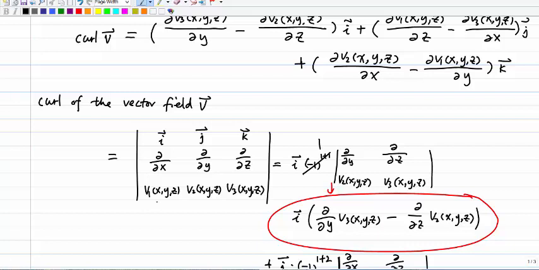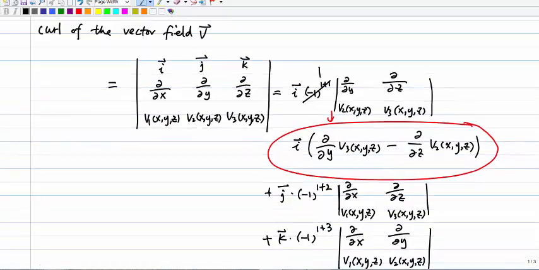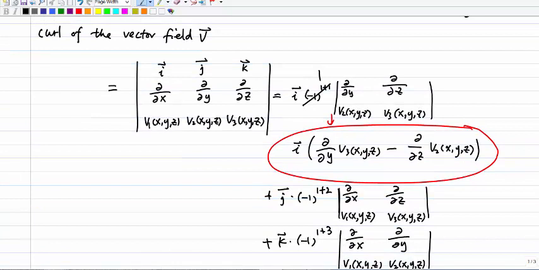And the last row is v1(x, y, z), v2(x, y, z), v3(x, y, z). I don't want to repeat how to compute the determinant here. If you have any question about how to compute the determinant of a 3x3 matrix, you can refer to my previous video on the determinant of a matrix.